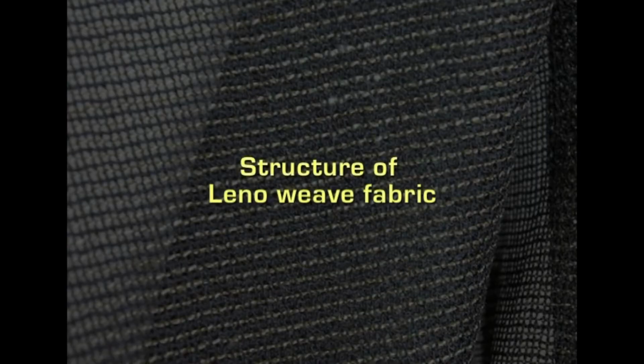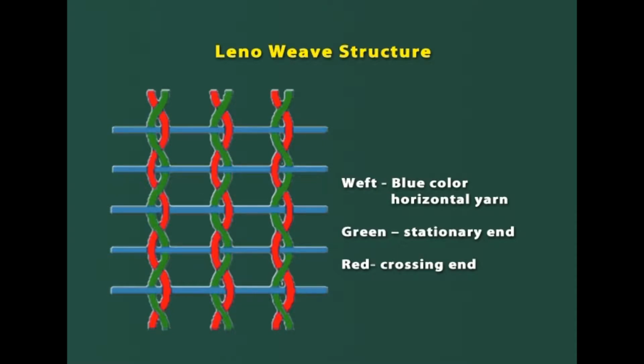Now, let us see the structure of a Leno weave fabric. The fabric is pretty open, which is because of the crossing of these ends or warps and also the twisting of these ends or warps around the stationary warp or a stationary end. This stationary end is parallel to the fabric length during the weaving process.